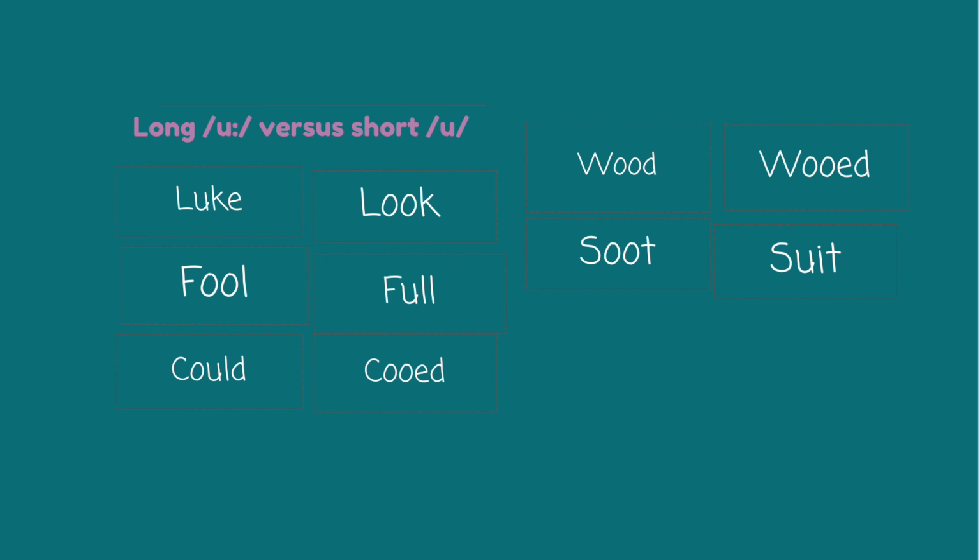Then we have suit and suit. Okay, so you can look for more words to establish the differences between the long O and the short O, as they can be very tricky.